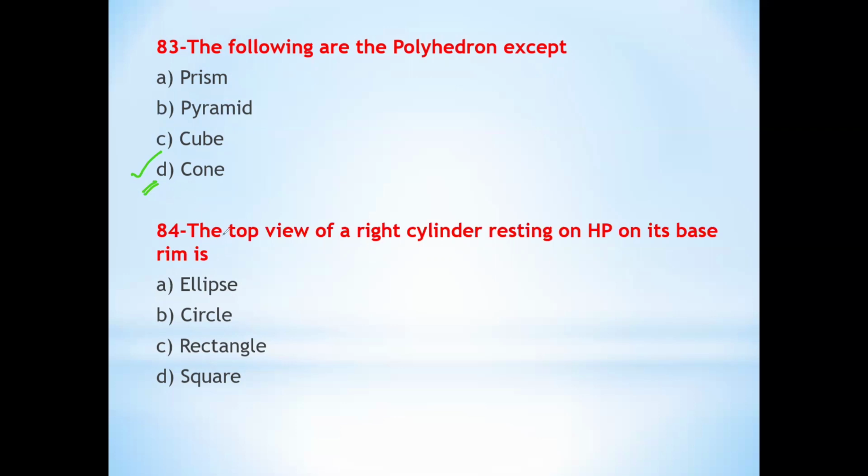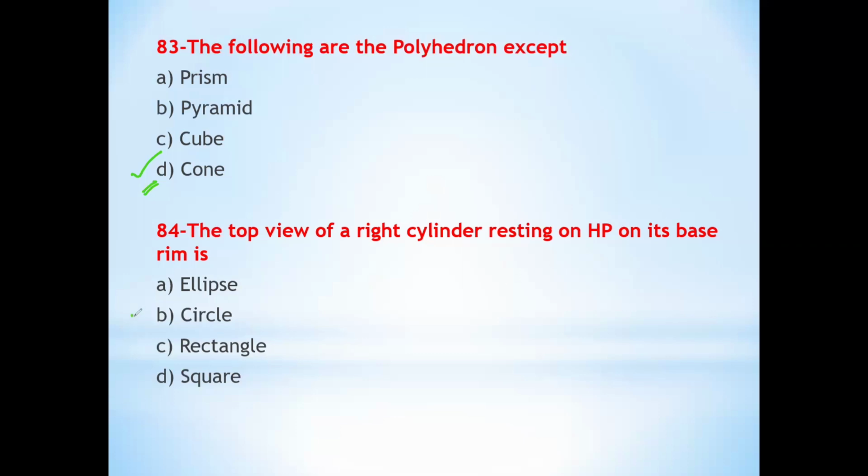Now next, 84. The top view of the right cylinder resting on HP on its base rim is. So it's a very simple one, because if the cylinder is resting on the HP, whatever its top view is, we must get it as a circle.